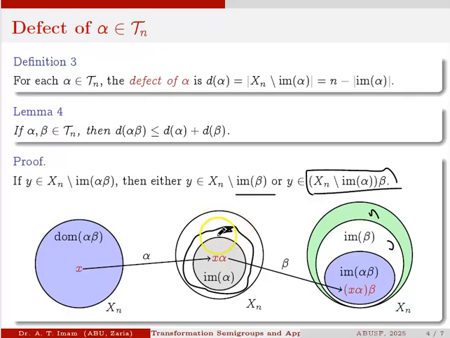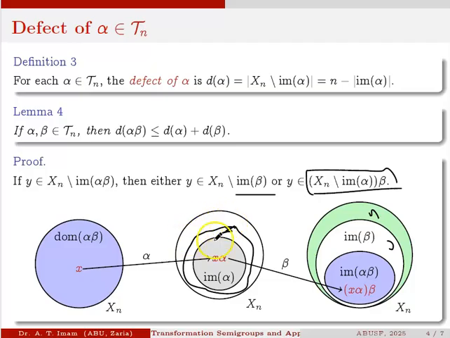You think of the restriction of β from this part to this white part. It is not possible for the image to contain more elements than the domain, because if that happened, then a single point would have two different images, which is something that cannot happen for a mapping.